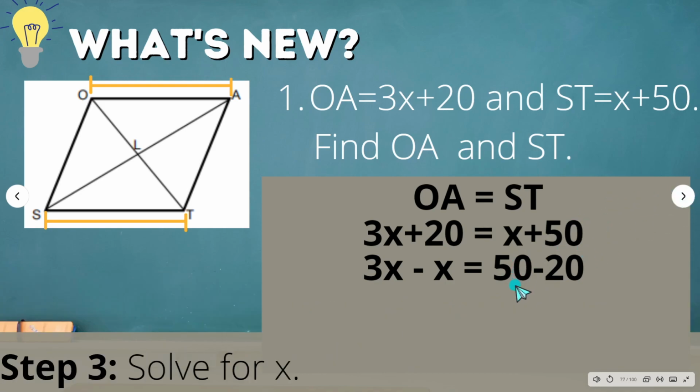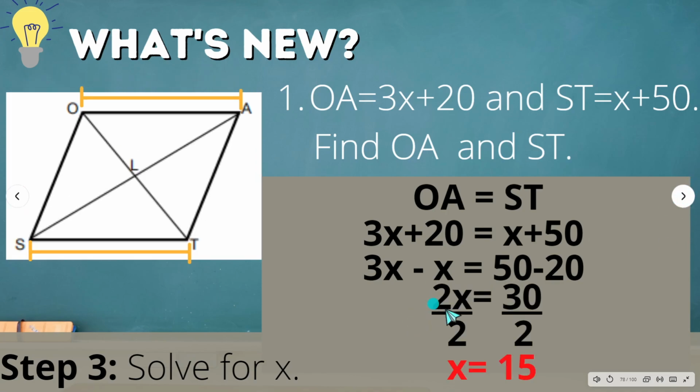Next, step number 3, solve for x. 3x minus x is 2x, and 50 minus 20 is 30. To get the value of x, you need to divide both sides by 2. That will give us x equals 15.